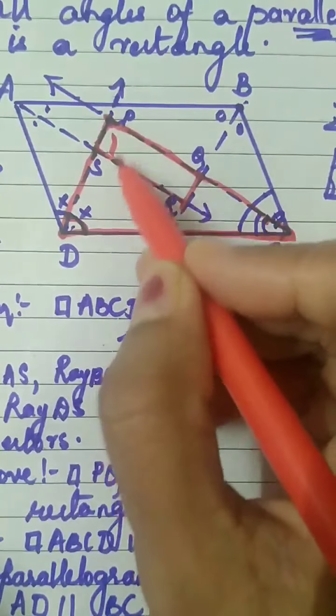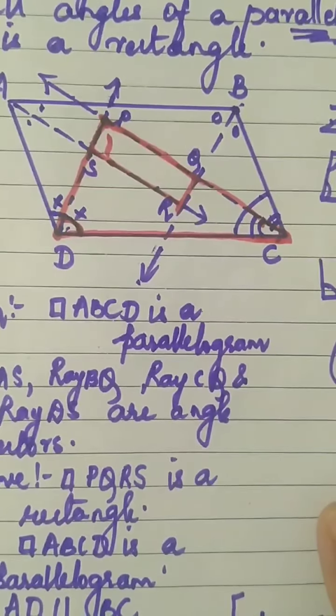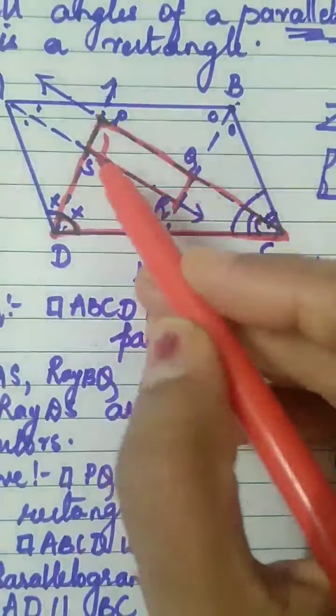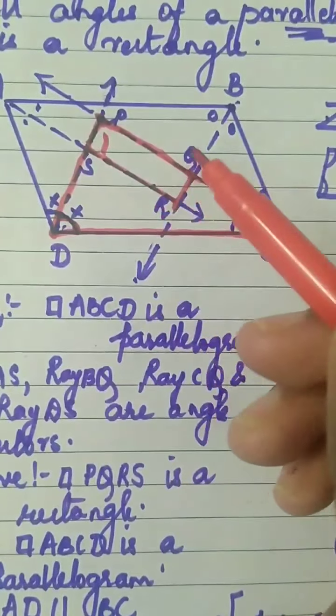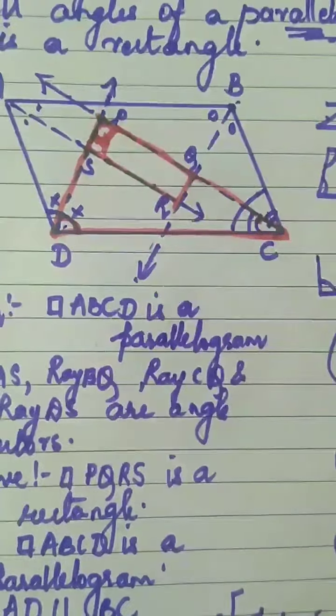So how much will be angle P? Sum of the measures of angles in a triangle is 180, no? These two added give 90. Now how much is remaining? 180 minus 90 is 90. So were you successful in getting angle P as 90 degrees?